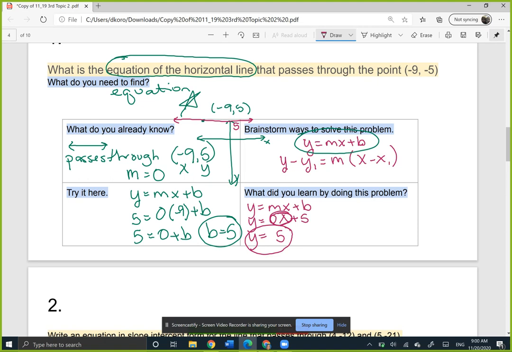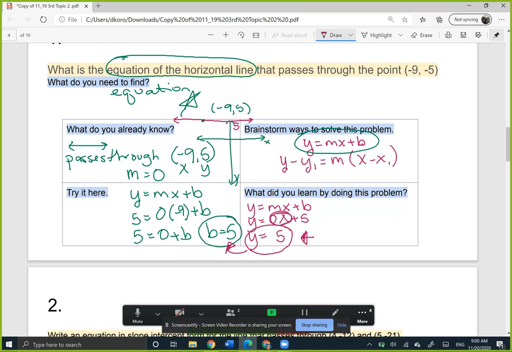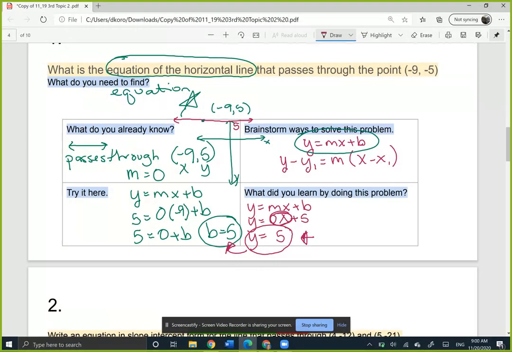Now, what I'd like you to realize is that this equation here and this y-intercept here are both the same. If you see that connection and you let me know on your test, then I'll give you the credit.